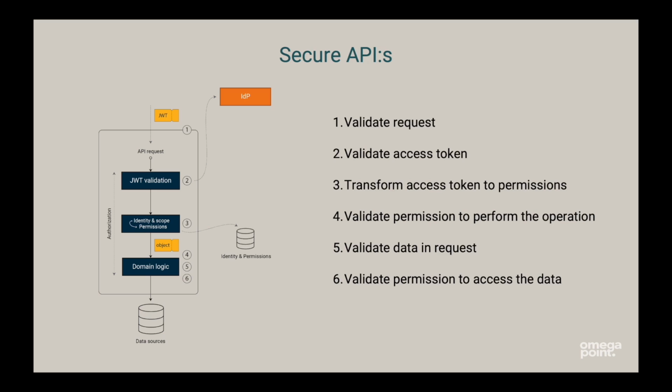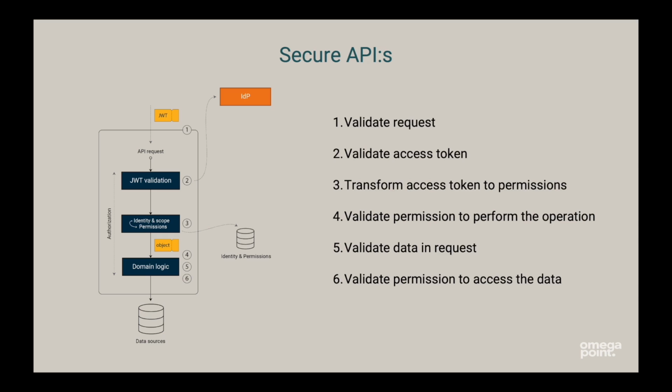Yes, so this is done in step 3, which is about transforming the information in the token to a local permission model that makes sense for your domain, the domain for the service. And this can be as simple as an in-memory lookup based on user identity or client ID, for example. Or it might be a database query or service call where we get roles or equivalent information based on user identity or organization.